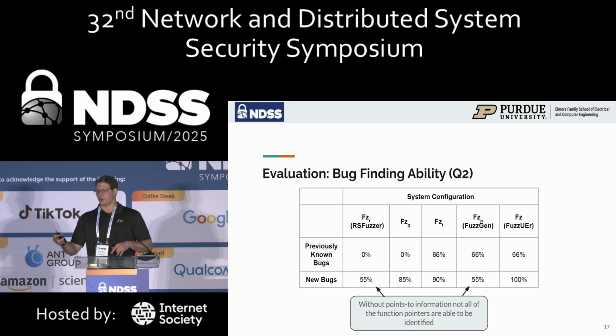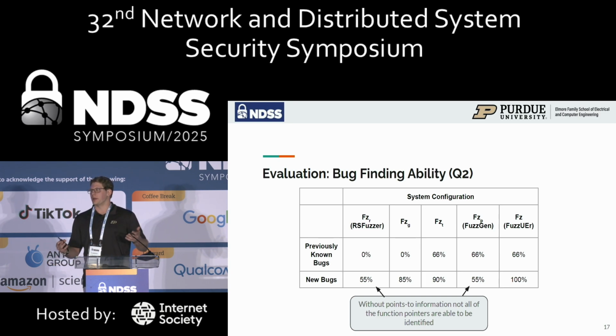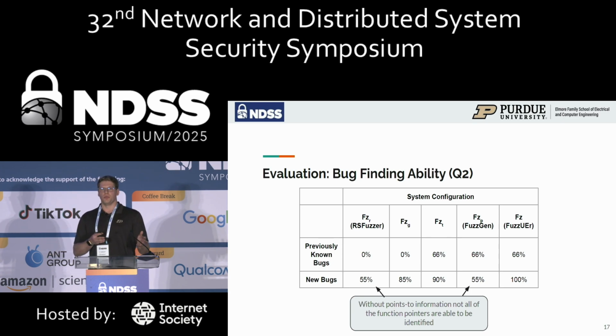The version without points-to also has similar performance. We discovered that's because sometimes there's no call site information, so we needed points-to information to actually track back to the function definitions in the system table. Overall, we got the best performance with more of our analysis techniques enabled.